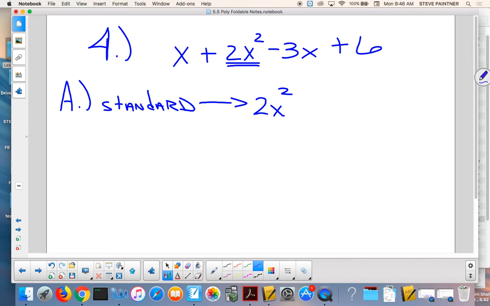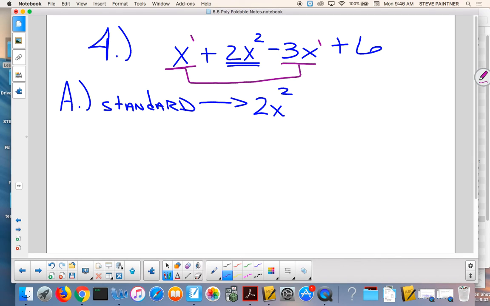2x squared. Okay. What comes next? X to the first. But the problem is, you have an x to the first there, you have an x to the first there. Could we combine them? What is this plus this? No. When you combine like terms, the x to the first and x to the first don't change.